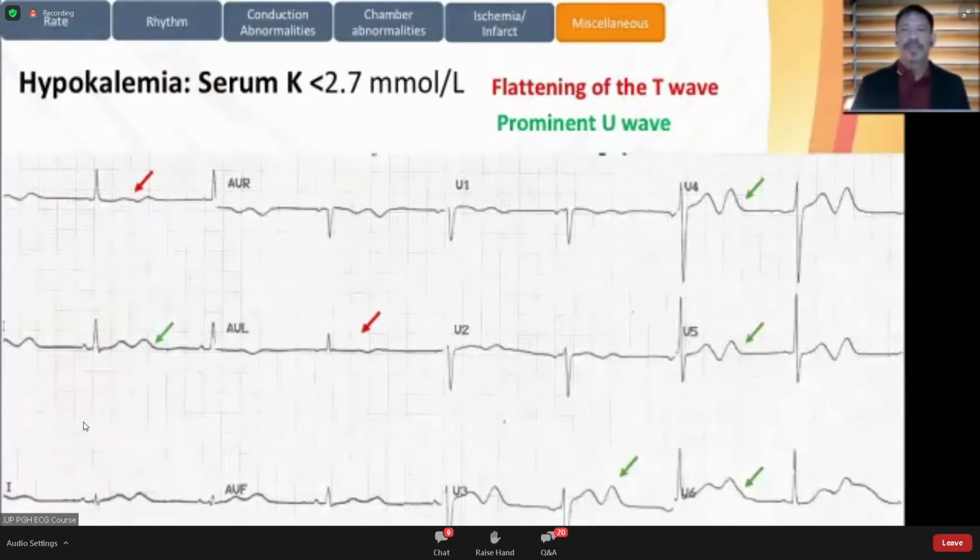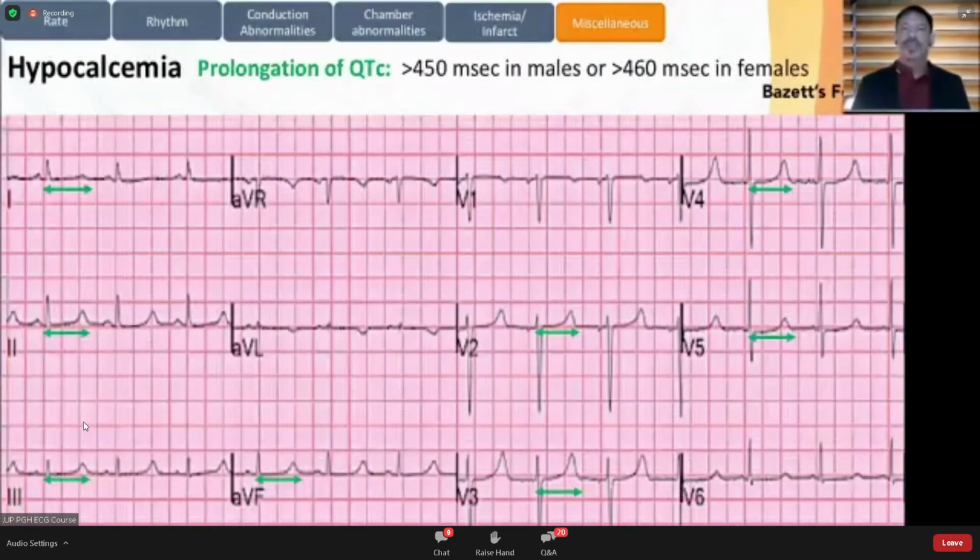Meanwhile, for hypokalemia, ECG shows flattening of the T waves and prominent U waves best seen in the precordial leads. Let's proceed with calcium abnormality, which are more related to QT interval. Hypercalcemia causes QT prolongation. Look for lead with the longest QT interval, usually V2 or V3, and without a U wave.